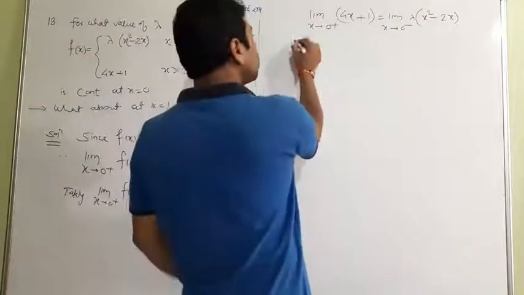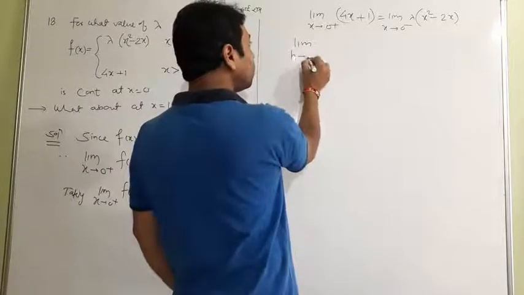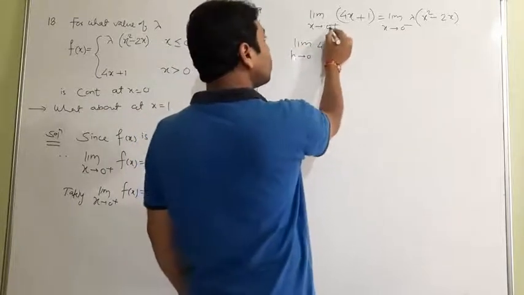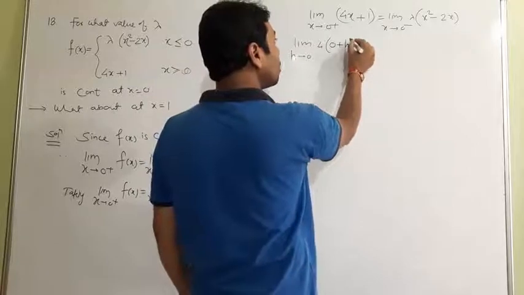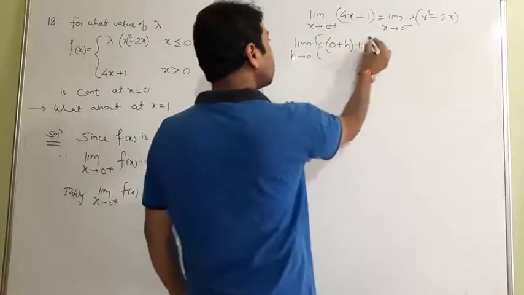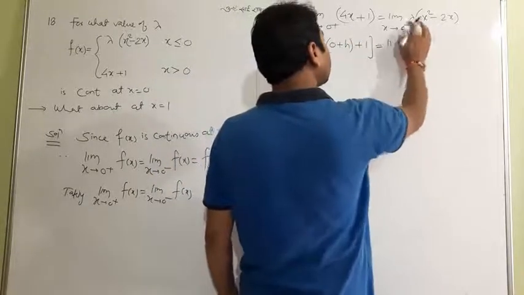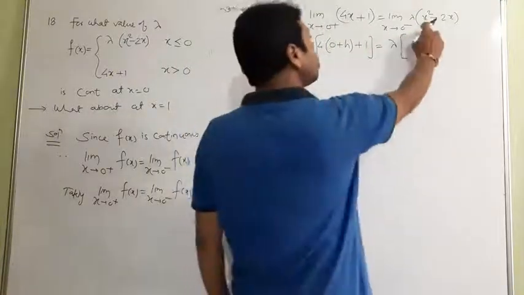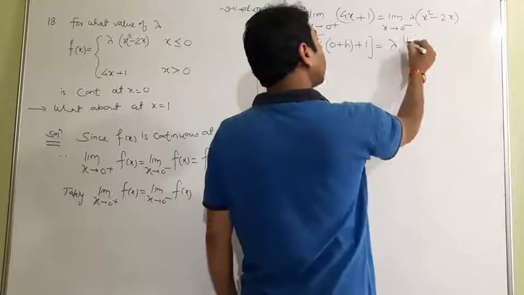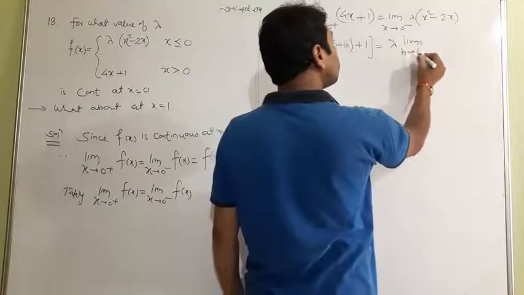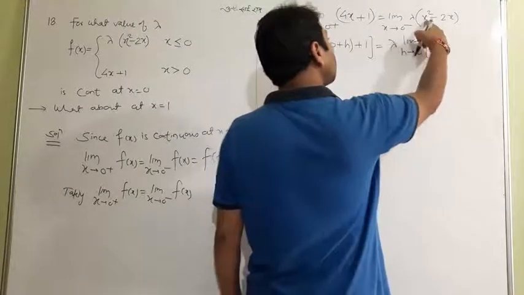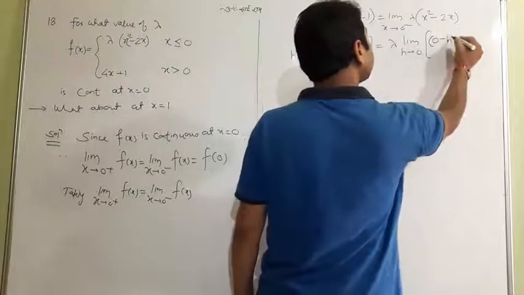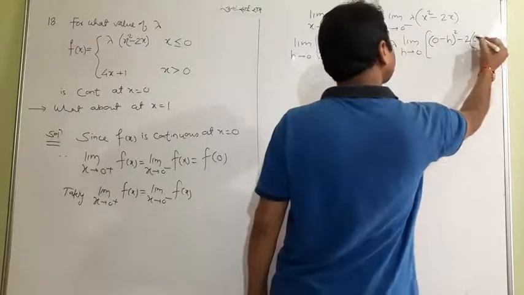Now I'll turn it into h as usual. So instead of x we will write 0 plus h, plus 1, equal to: lambda is a constant value, it can be written outside in front. Instead of x, write limit h tends to 0, turn in h. So instead of x we will write 0 minus h.